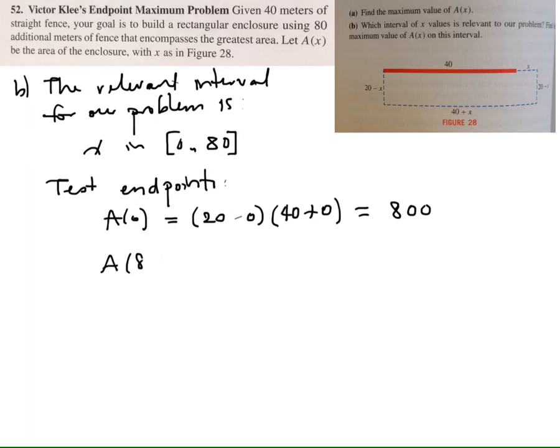And A of 80, that's 20 minus 80 times 40 plus 80, and that turns out to be something negative, which really doesn't make sense.